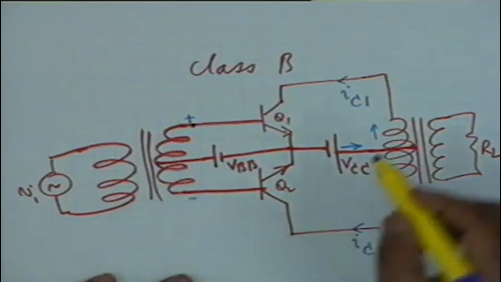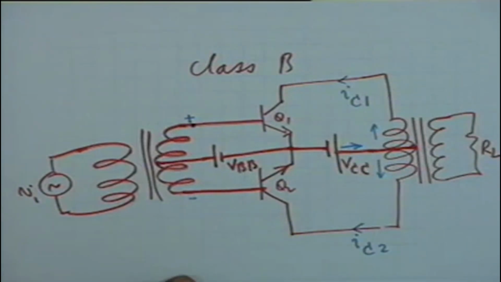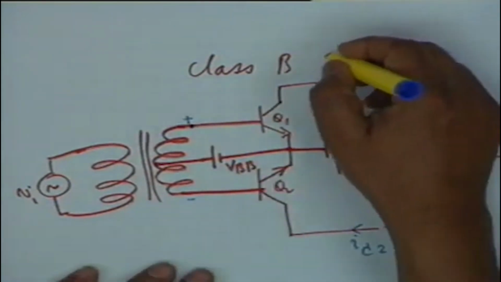So I sub C1 flows, IC2 does not flow. For how long does IC1 flow? Only for half a cycle.